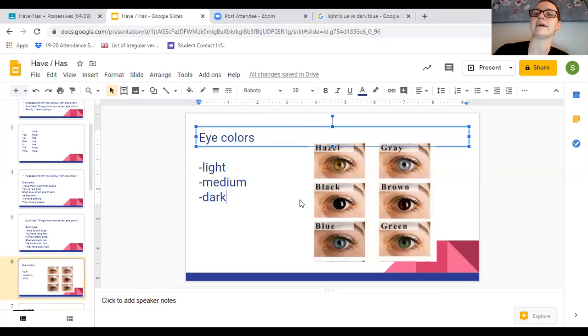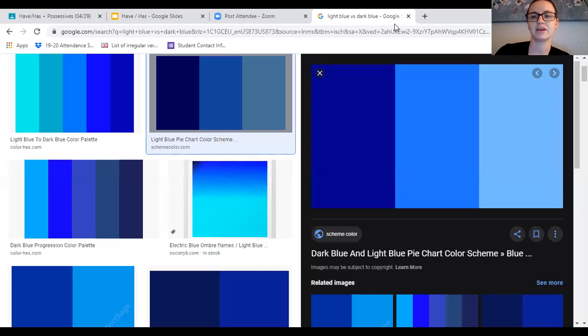So there could be light brown, medium brown, dark brown for your hair colors. And again, just to show you on here, this is light blue, medium blue, dark blue, like that.